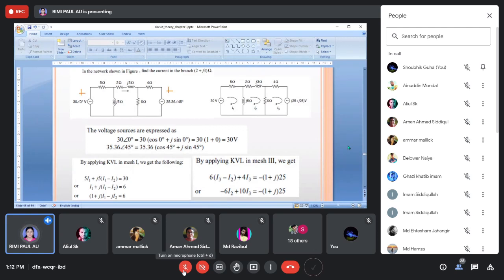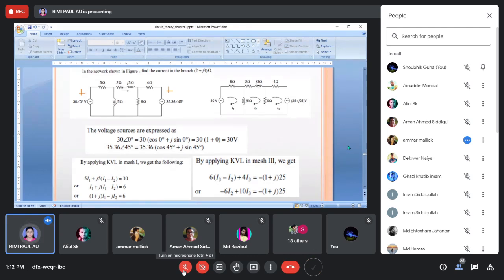If you cannot tell me one equation, at least tell me that I3 is flowing through which components. Through which components is I3 flowing? Just tell me.